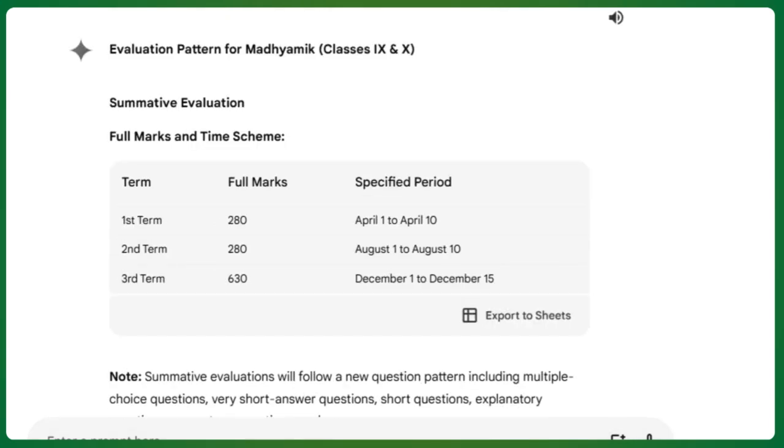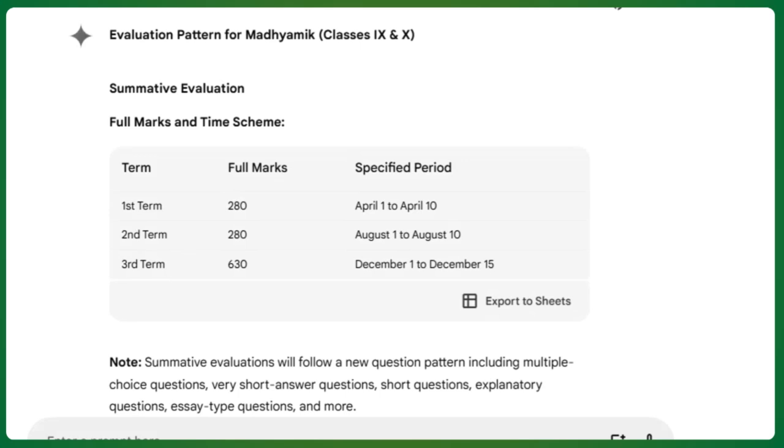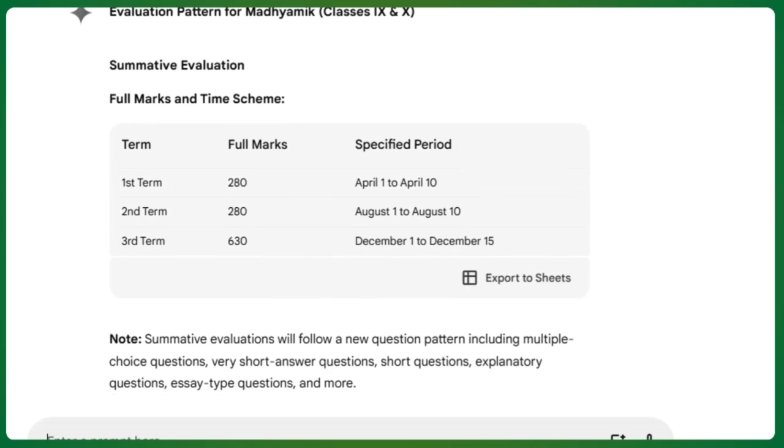Now the evaluation pattern for Madhyamik class 9 and 10, summative evaluation, full marks: first term at 280, second term at 280, third term at 630. So if we add, what do we get? 1190. So the specified periods are April 1st to 10, August 1st to 10, December 1 to 15.